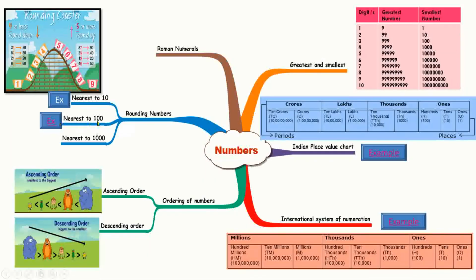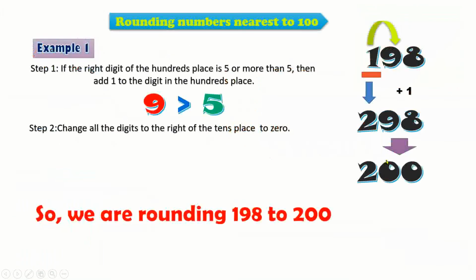Next one is nearest to 100. So rounding numbers to the nearest 100. We are rounding 198 to the nearest 100. Step 1. If the right digit of the hundreds place is 5 or more than 5, so the number is 9. 9 is greater than 5.